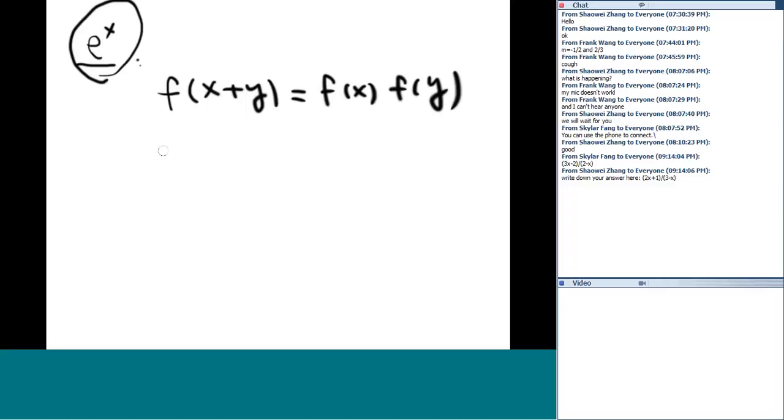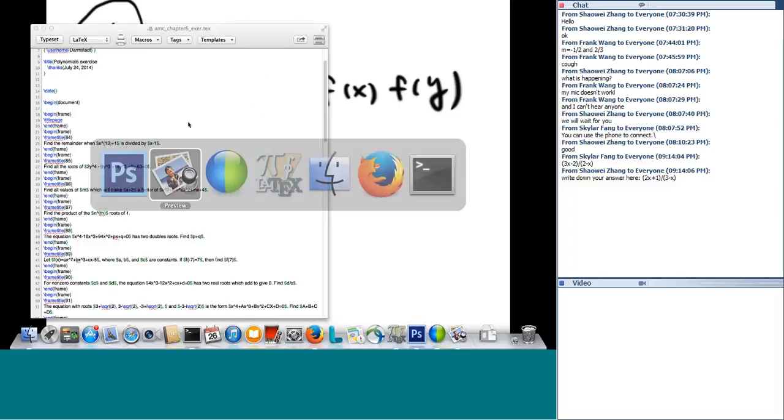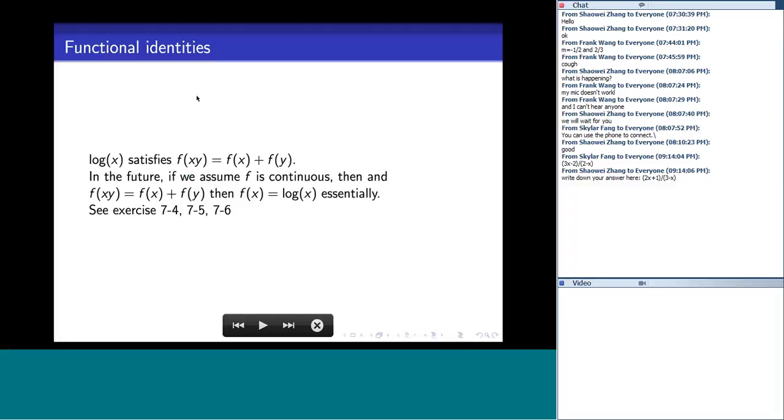Yeah, that is satisfying. Actually, you can prove that if f satisfies this, then it essentially is e to the x. Okay, let's look at the exercise a little bit. Do you remember it? 7-4, 7-5.